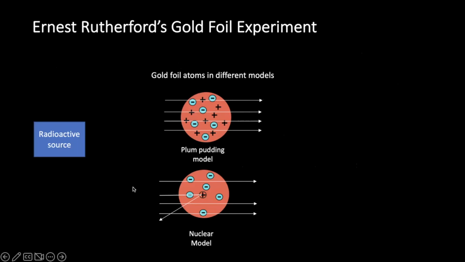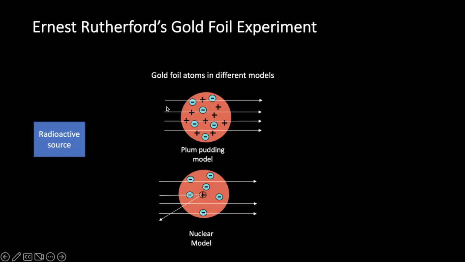In this gold foil experiment, we have a radioactive source that emits rays towards the gold foil, and we're going to assume this is a zoomed-up view of the atoms in the gold foil. We have the plum pudding model, where the radioactive source is going through it, and the nuclear model, which is Rutherford's model, on the bottom.